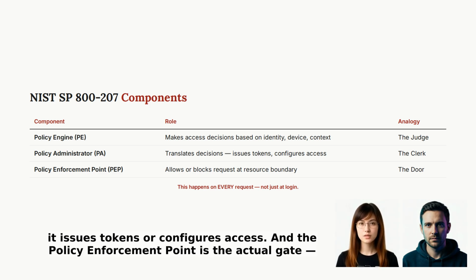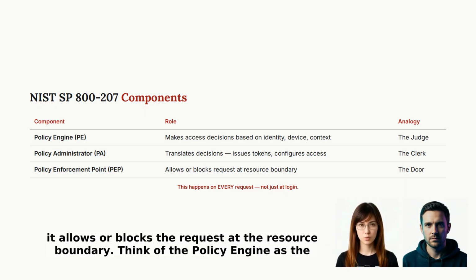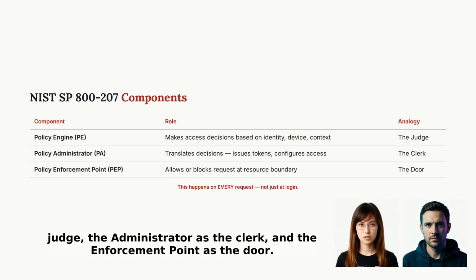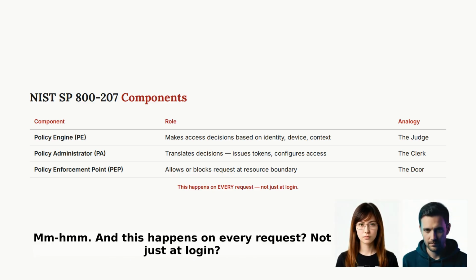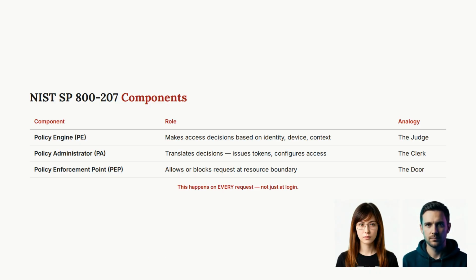It issues tokens or configures access. And the policy enforcement point is the actual gate. It allows or blocks the request at the resource boundary. Think of the policy engine as the judge, the administrator as the clerk, and the enforcement point as the door. And this happens on every request, not just at login.